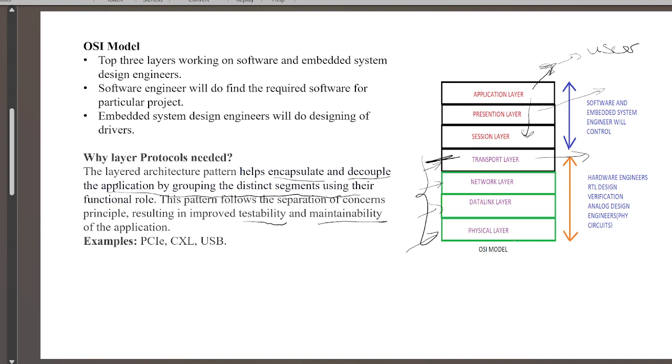How to implement it, we'll see in further slides. But as of now, understand from this slide what the OSI model is, and why layer protocols are needed: to increase stability and maintainability and improve testability. This is what I wanted to cover in this slide.